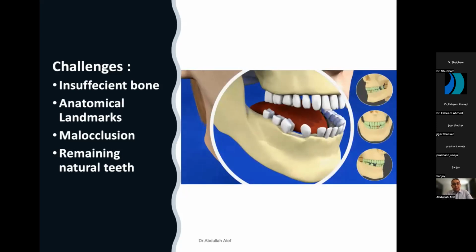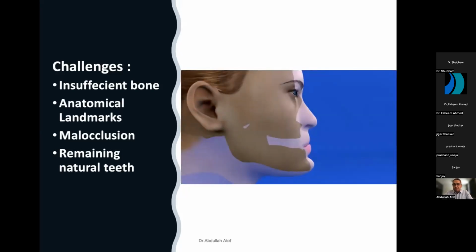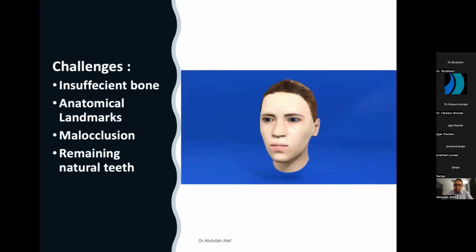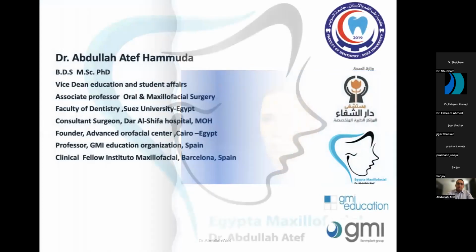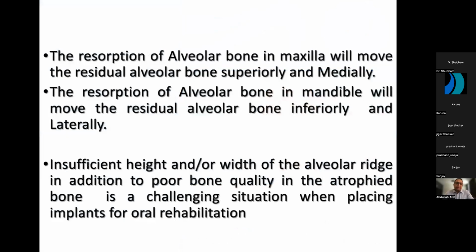In addition, what do we do with the remaining natural teeth? Sometimes they come in malposition and malocclusion. The resorption of alveolar bone in the maxilla makes the alveolar ridge resorb inward and superiorly. With alveolar bone loss in the mandible, the mandible moves anteriorly and laterally.